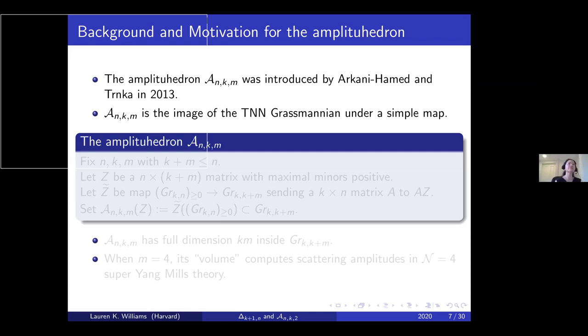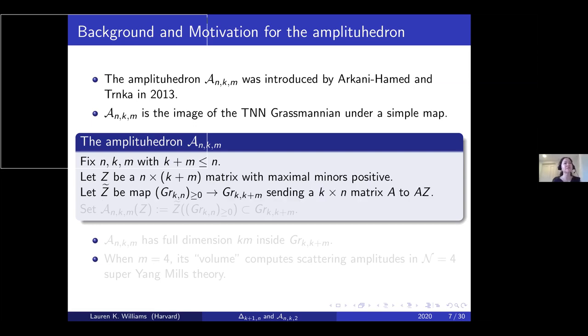This amplituhedron will now be indexed by 3 positive numbers, n, k, and m. And we want to make sure that k plus m is at most n. So let's let Z be an n by k plus m matrix such that its maximal minors are positive. So when you look at the k plus m by k plus m minors, their determinants are always positive.